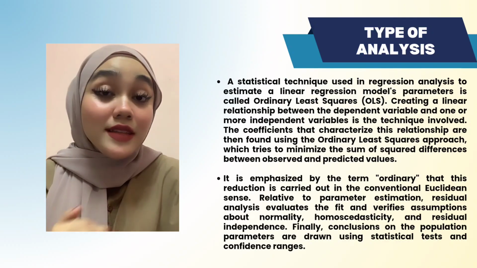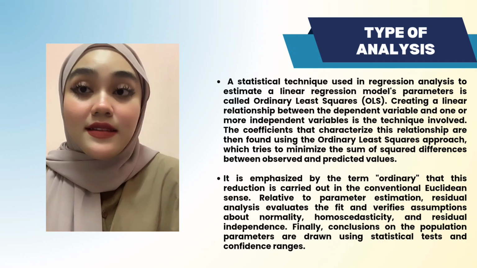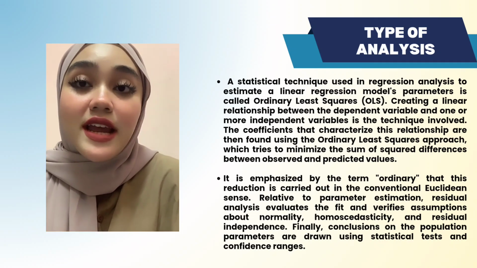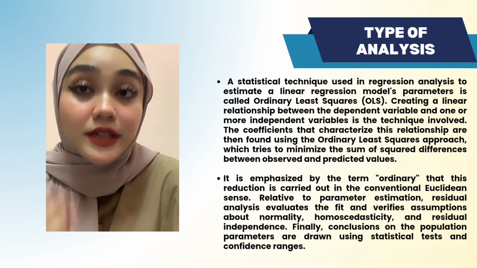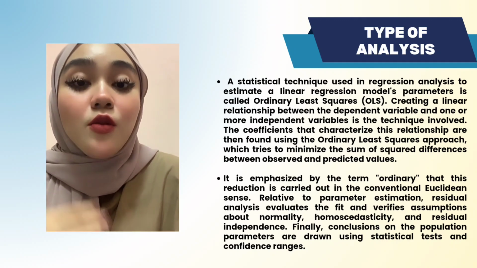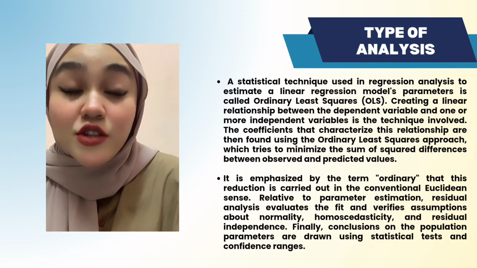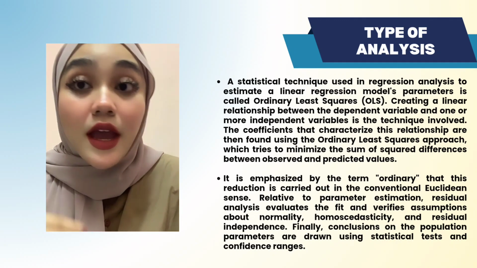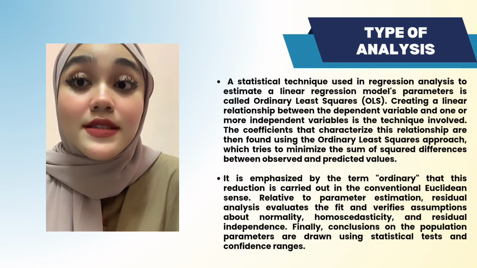So now let's go with the type of analysis. A statistical technique used in regression analysis to estimate a linear regression model's parameters is called ordinary least squares, which is OLS. It will create a linear relationship between the dependent variable and one or more independent variables.